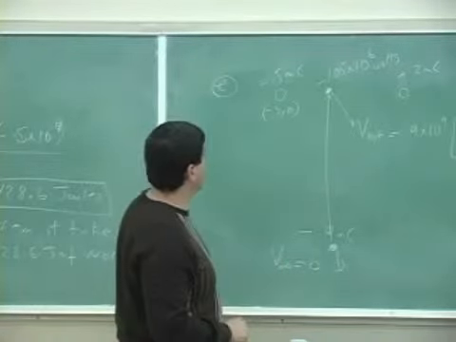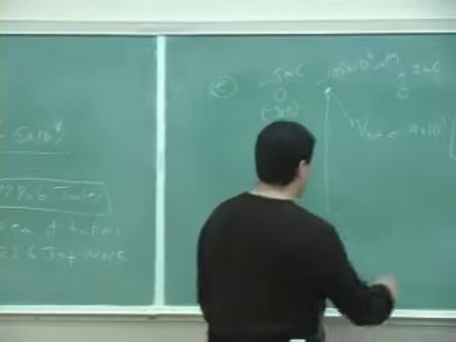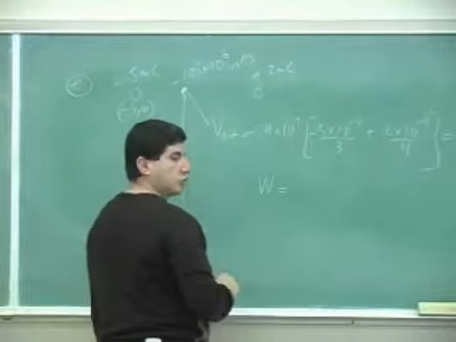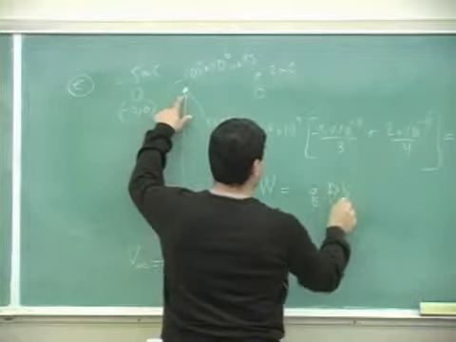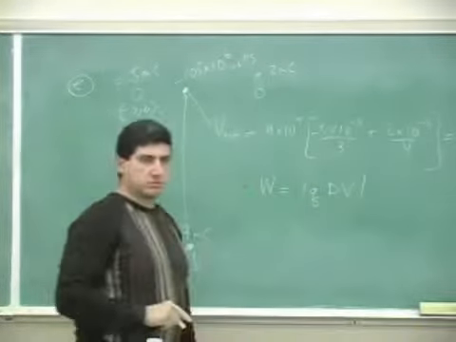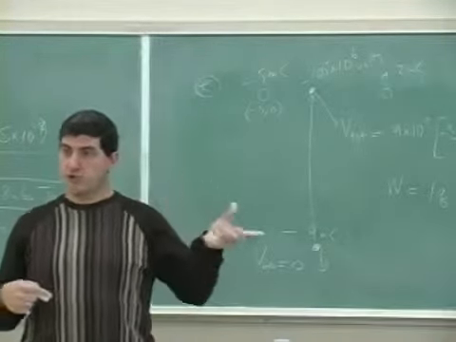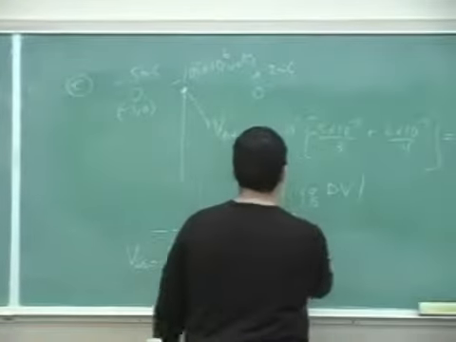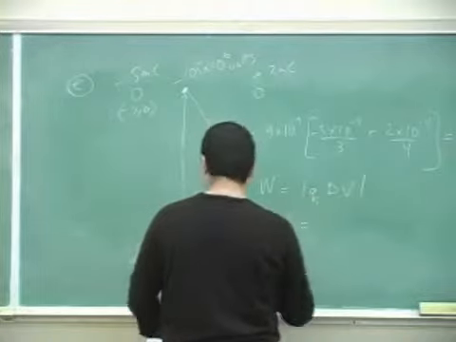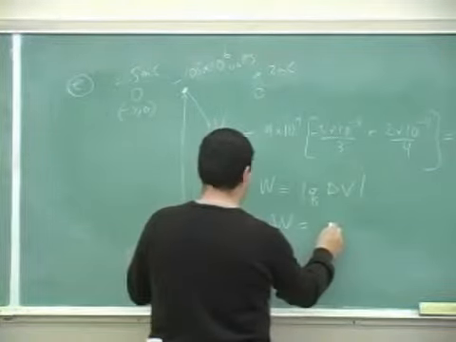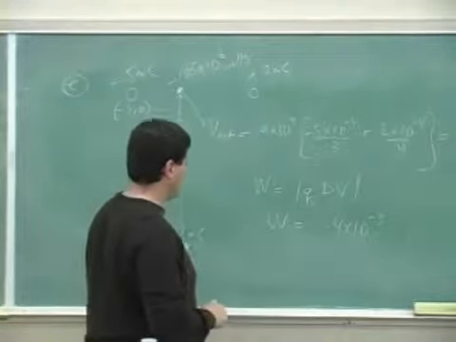So here's there's two ways that you could get this answer. You can either say the work that I'm going to have to do is equal to the absolute value of Q delta V. I'm going to have to do positive work to make it go there. So its charge is 0.4 times 10 to the minus 3.